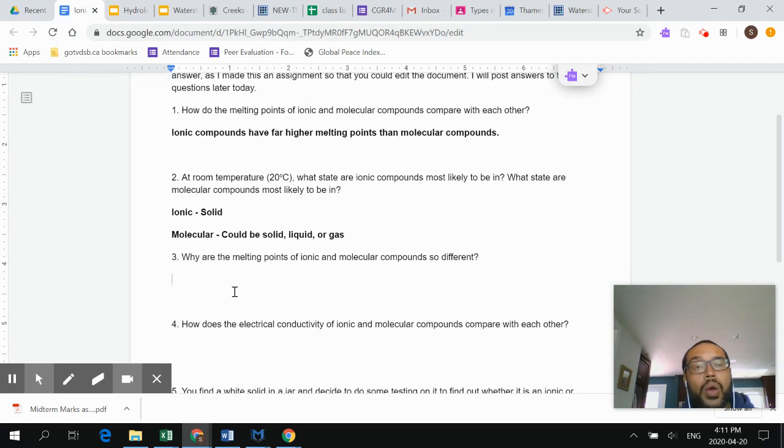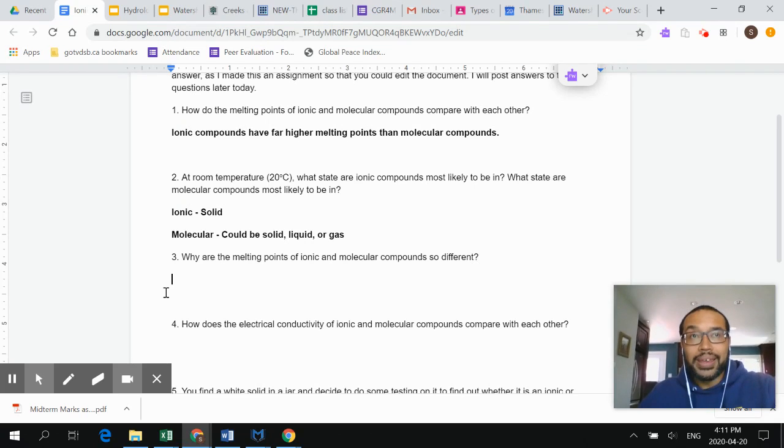So we know that the ionic compounds have a higher melting point, but the more important question is why? So why do those ionic compounds have such a high melting point? It has to do with the attraction between the ions. So imagine a magnet, and you've got a positive side and a negative, or a north pole and a south pole, and those will attract. And once they come together, they're hard to pull apart.